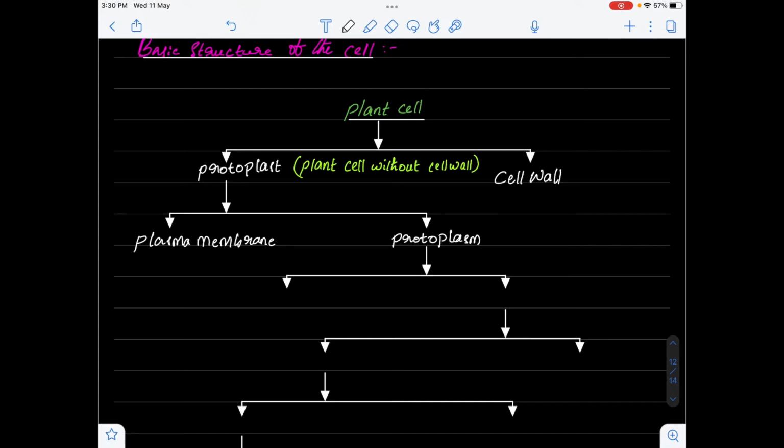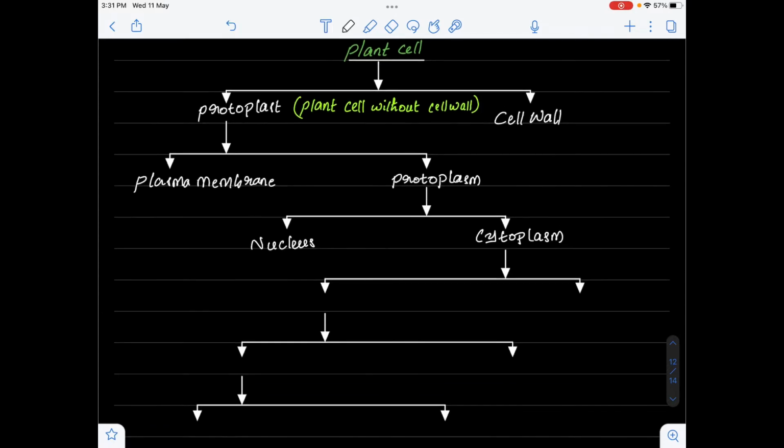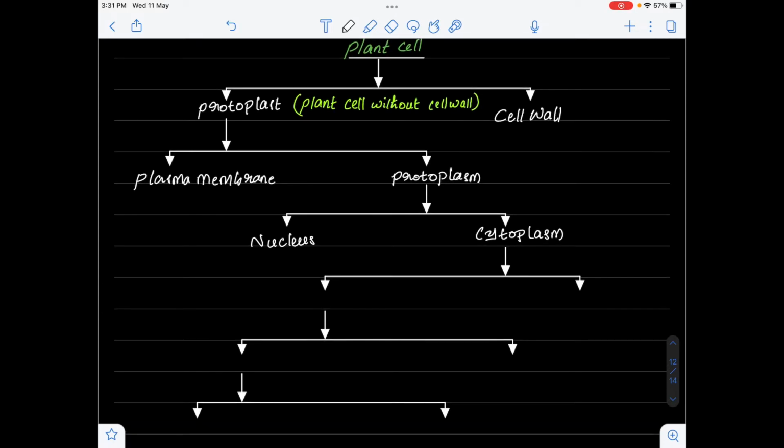The protoplasm includes the nucleus and cytoplasm. The cytoplasm contains cytoplasmic organelles and hyaloplasm. It is also called cytosol.